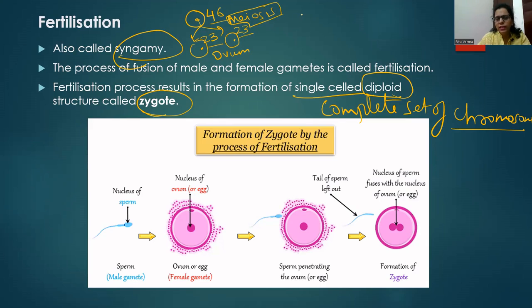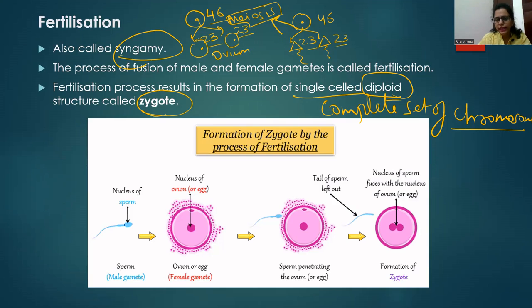Similarly, in the case of males, a male cell divides and produces 2 sperms. This cell has 46 chromosomes, and each sperm will have 23 chromosomes. This male cell also divides by the process of meiosis.